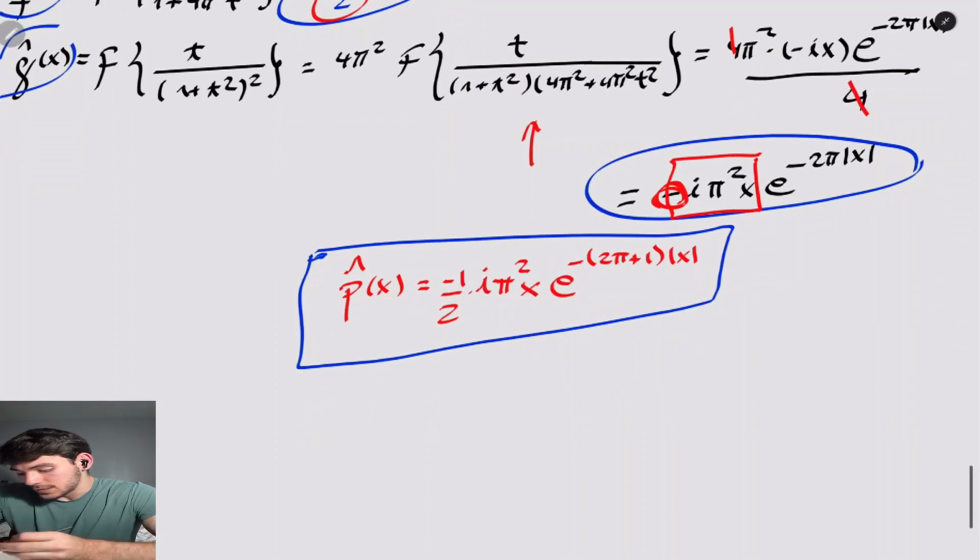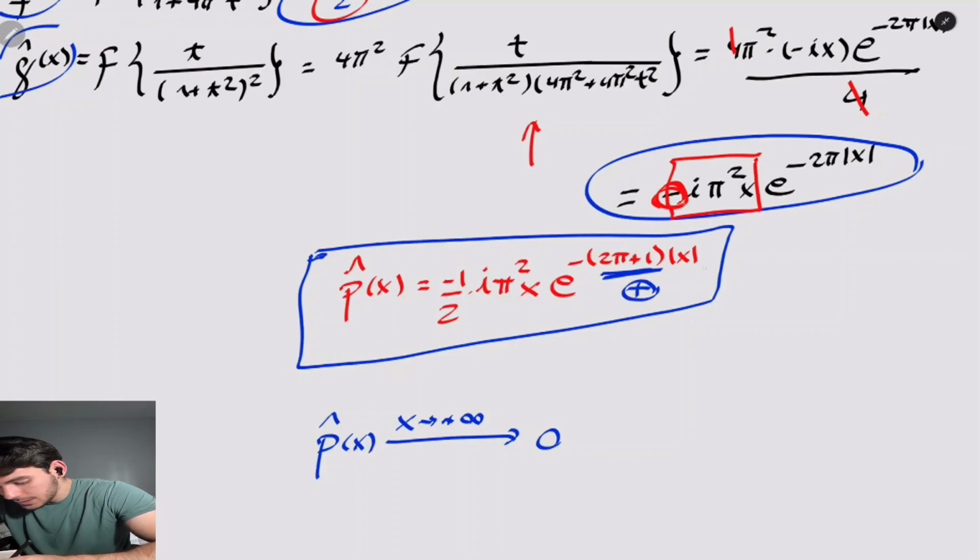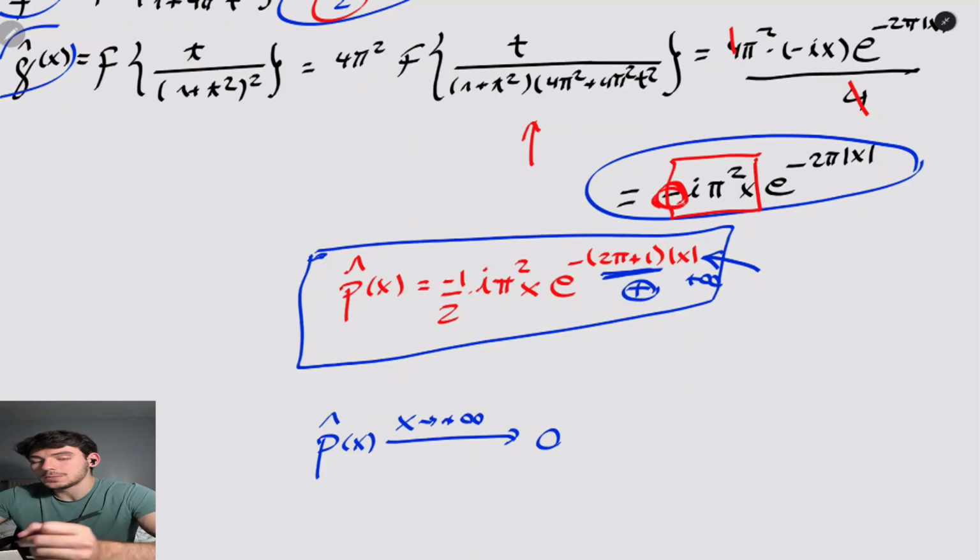And let's analyze this. So the transformed p, when x goes to plus infinity, goes to 0, because here we have a negative power. This is positive, all right? And when we substitute plus infinity here, we're going to have an infinite decrease.